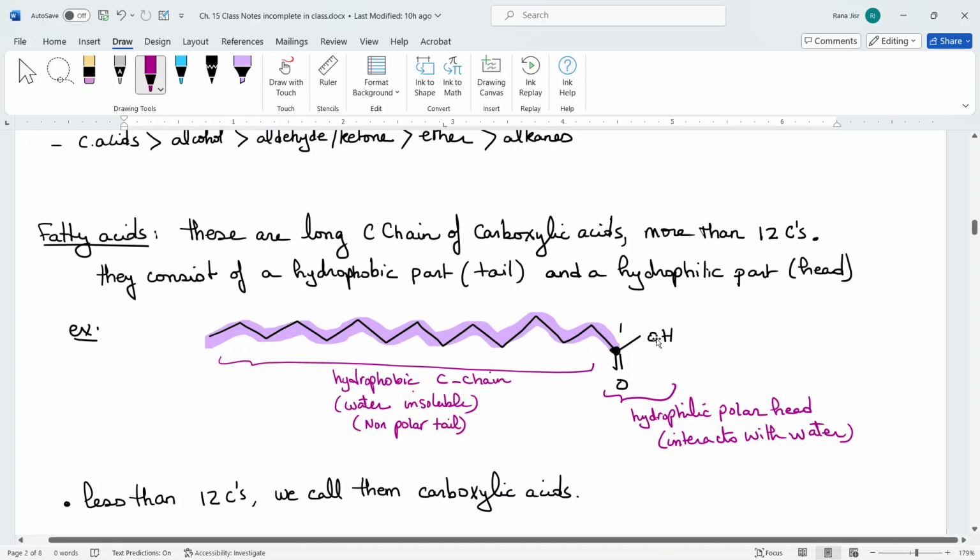We know that on this part we have hydrogen bonding with water. On the contrary, the carbon chain is completely water insoluble, so it is going to repel water and stay away from the water. This is why we call this part hydrophobic. This part is hydrophilic. Hydrophilic means that it loves water. Hydrophobic means that it hates water.